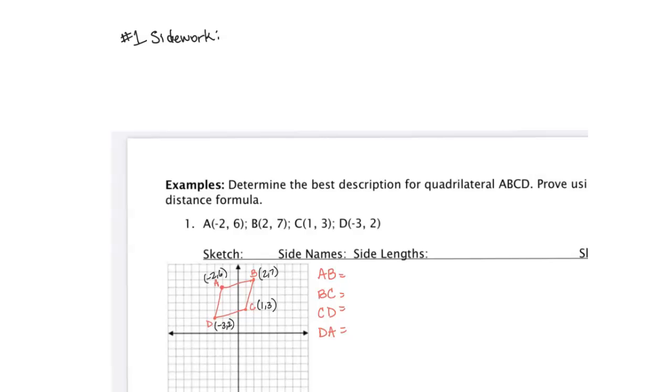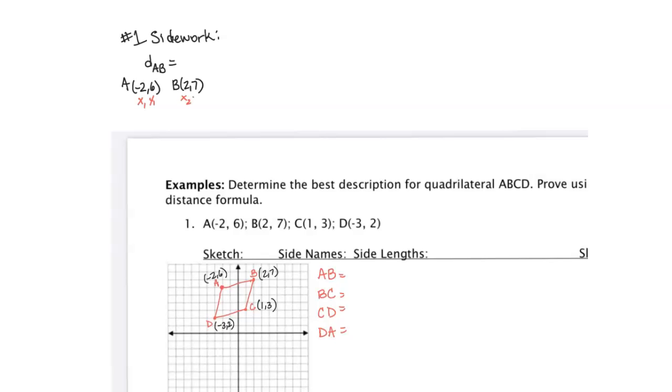We need to know the distance from A to B. Our 2 points: A is at the point (-2, 6), and B is at the point (2, 7). Label your points. This is x1 and y1.